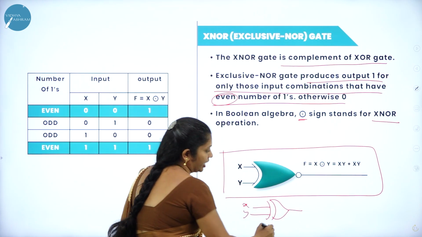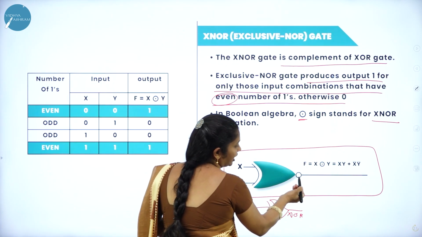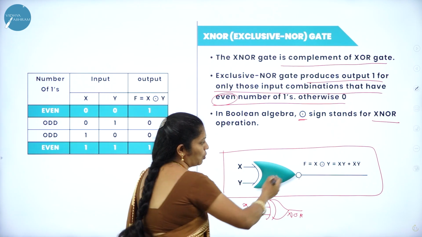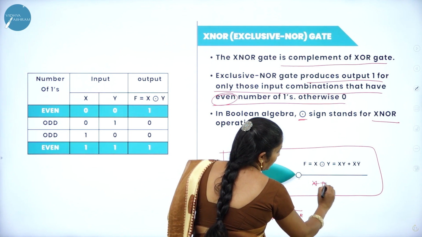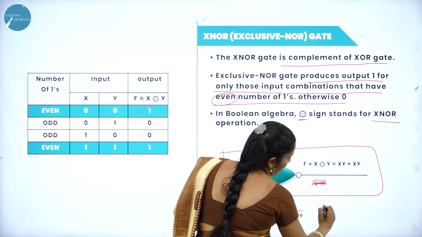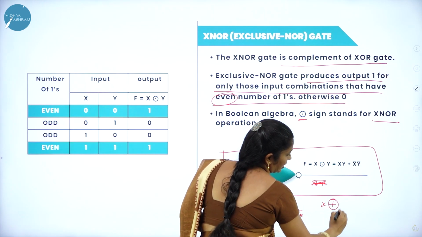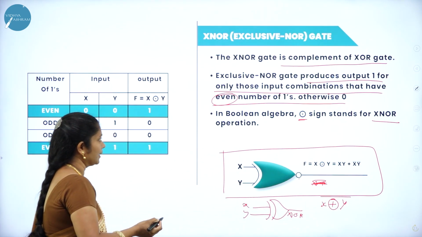This is for the exclusive OR gate. Whereas in the exclusive NOR gate, here you have to write one circle and then one line. If you want, you can write it this way. Or X plus, for plus you have to write one circle, then Y whole bar, like that also. If you want, you can write it.